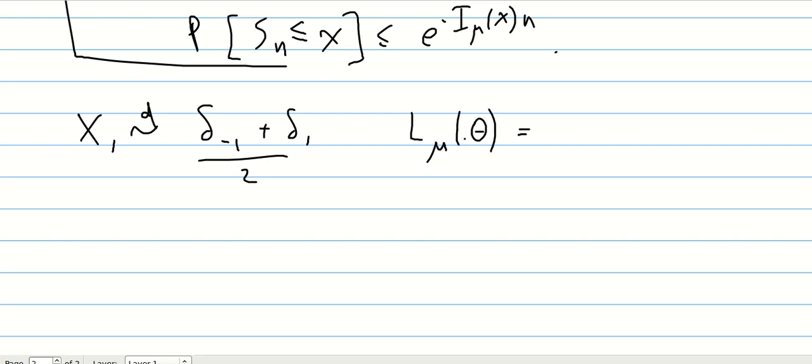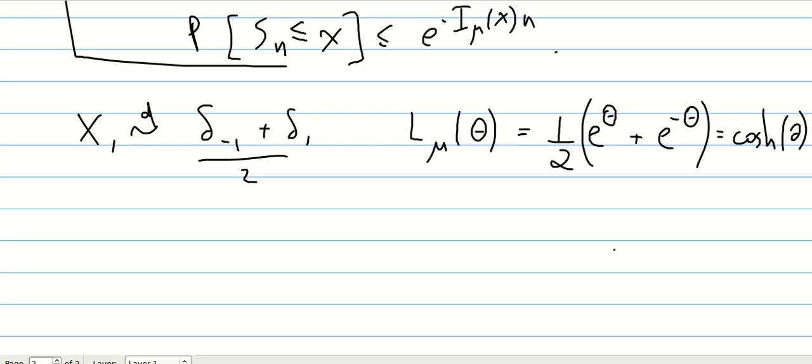This is an expectation taking only two values. With probability 1/2, the exponential inside the expectation is going to take this value, and with probability 1/2, it's going to take this other value. So this is exactly the hyperbolic cosine of theta.